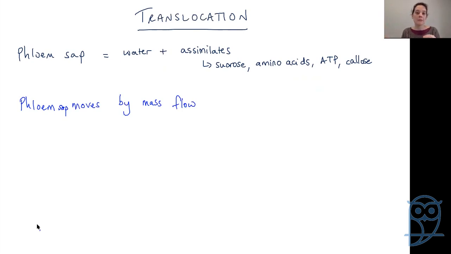Phloem sap moving by mass flow is actually an active process. So it's very different to the mass flow that is created in xylem by that loss of water. Okay, in this case, we actually have to use energy to create a pressure difference between the source and the sink.